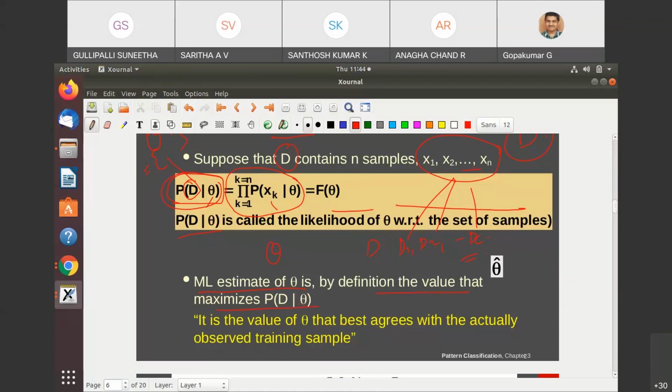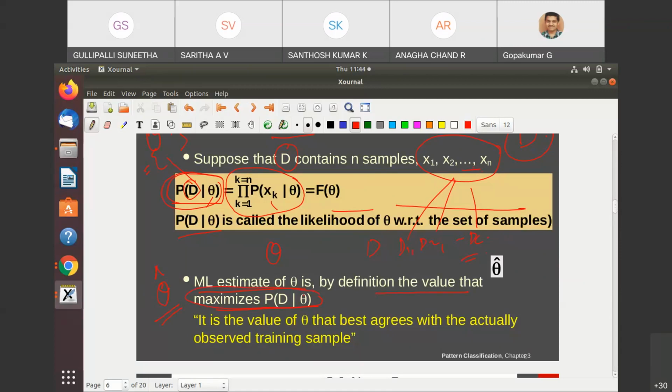That is what we are looking for. Usually we represent such a theta by theta cap, where theta cap is the theta vector that maximizes the probability of D given theta.